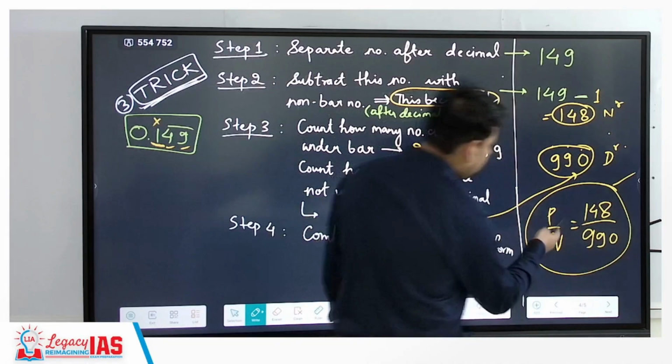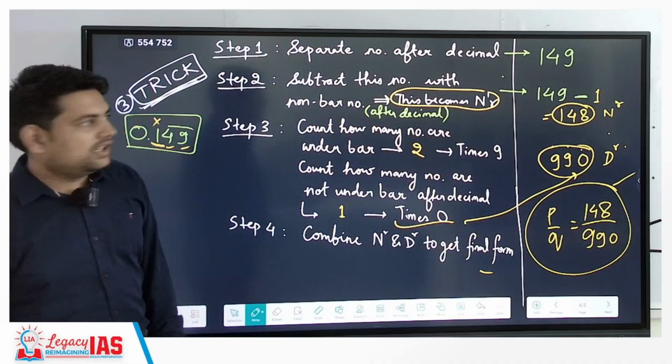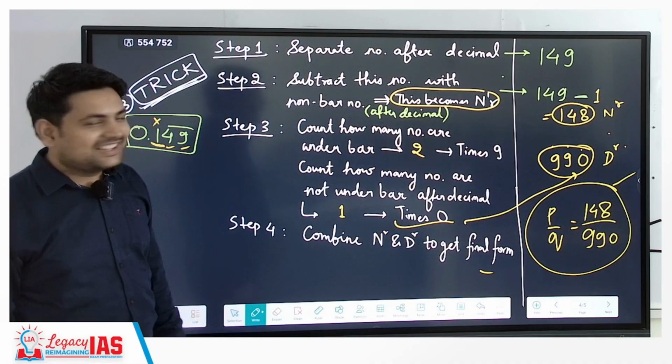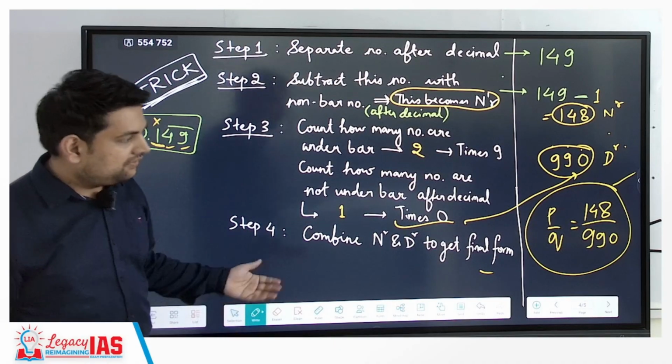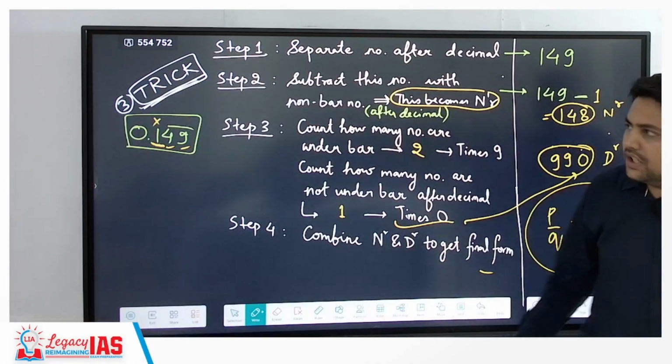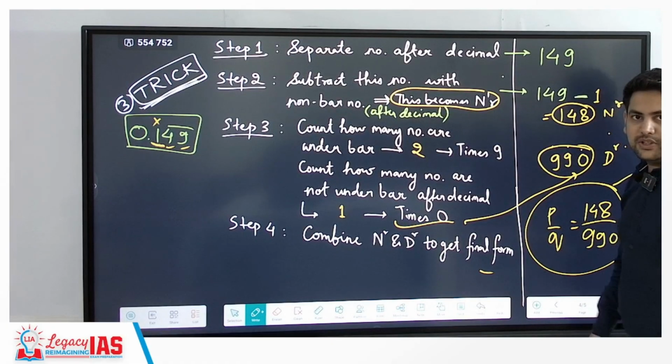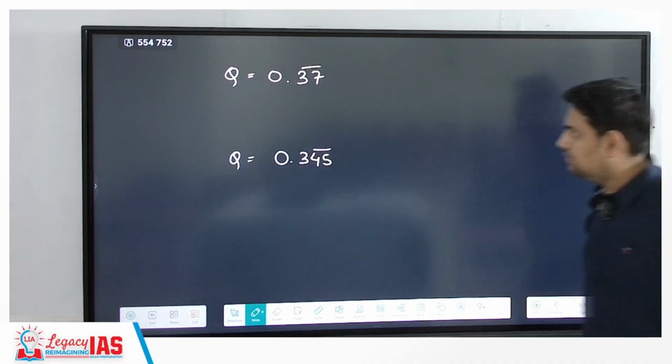It may seem a bit tricky at first, but we will do a few more examples. You will get it orally. This much you got? Okay. Let's move forward and do some more questions.